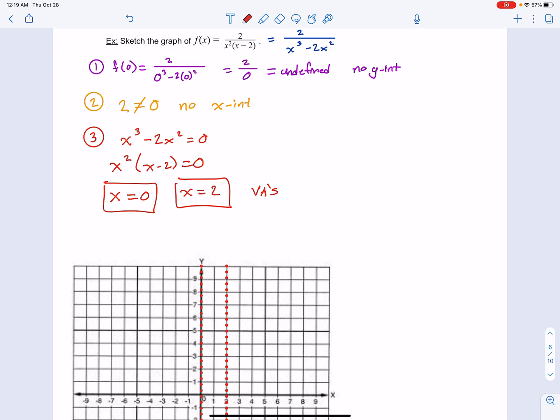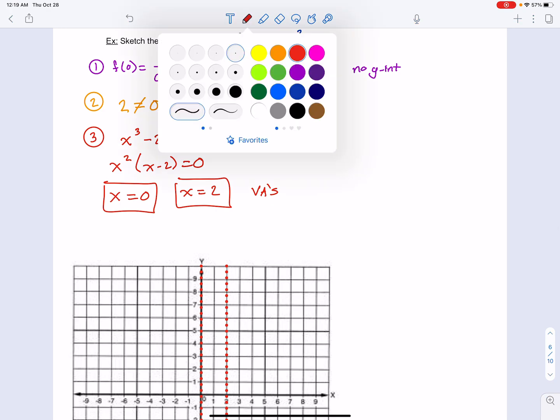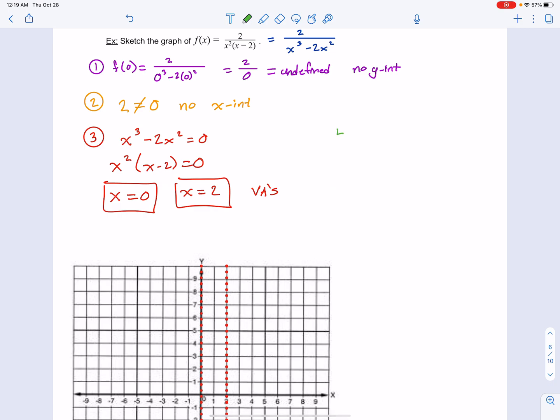Then we want to know, do we have any horizontal asymptotes? So we look at the degree of the numerator and the degree of the denominator. Here, degree of the numerator is 0, degree of the denominator is 3. So numerator is less than denominator, which means that y equals 0 is a horizontal asymptote.